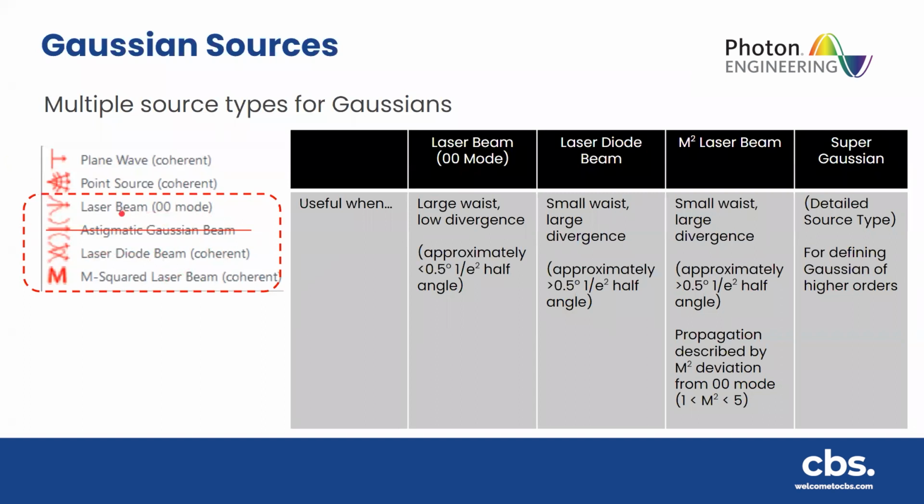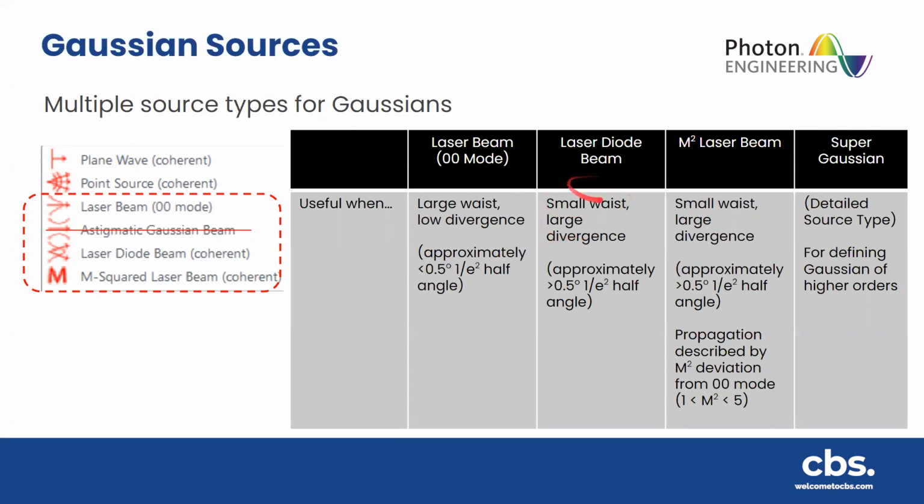The difference between a laser beam and a laser diode beam essentially is the divergence angle. If you have a large waist, low divergence laser beam, a few millimeters in width or larger, I recommend you use the laser beam source. If you have something with much higher divergence, for example a laser diode, then you probably use the laser diode beam source.